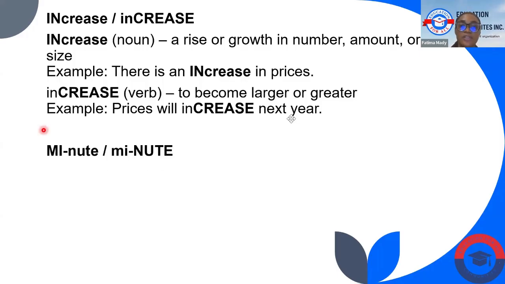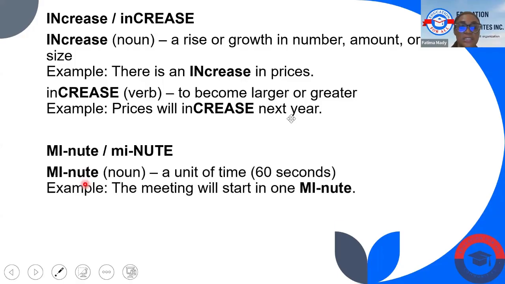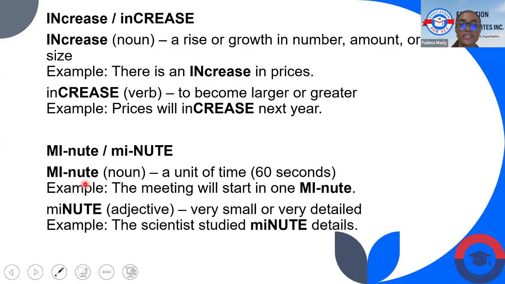Now we have this other one, minute and minute. Minute is a unit of time, like 1 minute, 2 minutes. The example: the meeting will start in 1 minute. The second one is minute, which is very small.